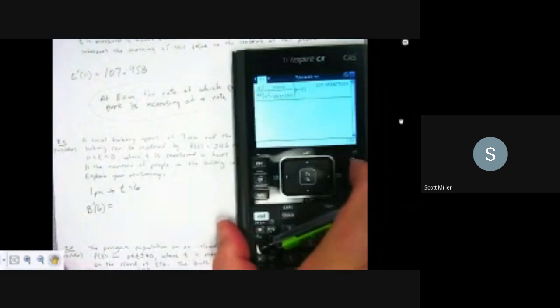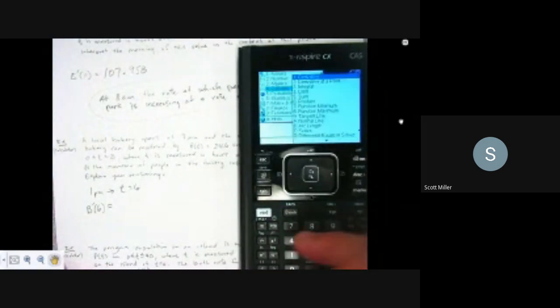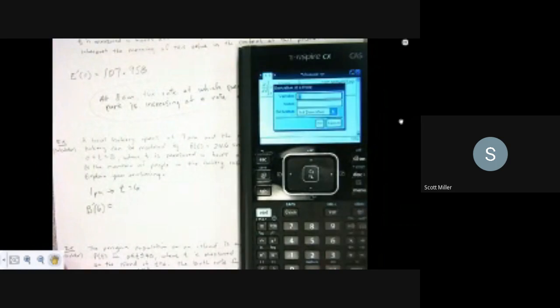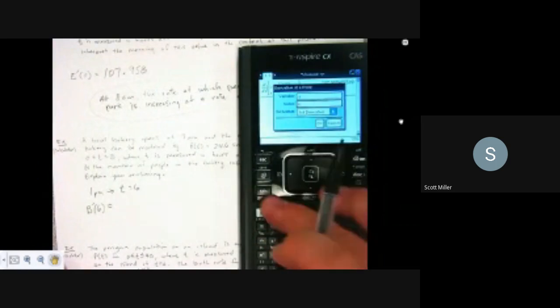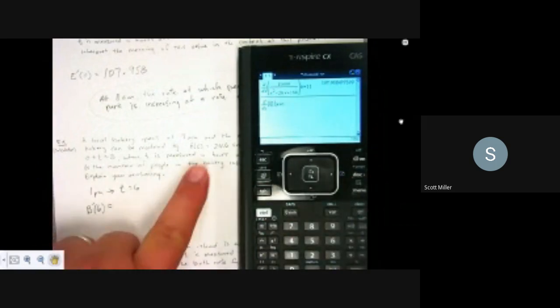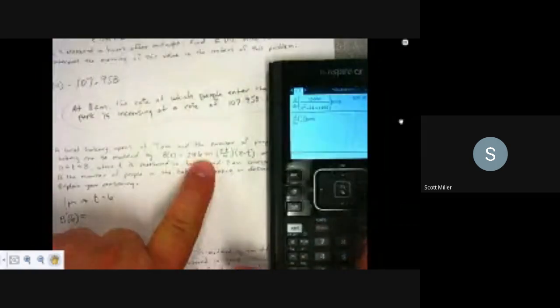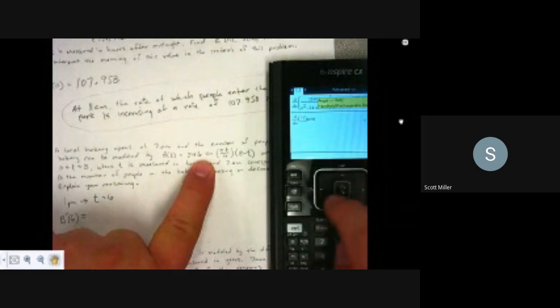So we can come over here and do exactly the same thing again. Go to menu, number 4, derivative at a point, variable x. The value this time is 6. And then we type in our B of T function. Since this is a trig function, you want to make sure that you are in radian mode, which I am.